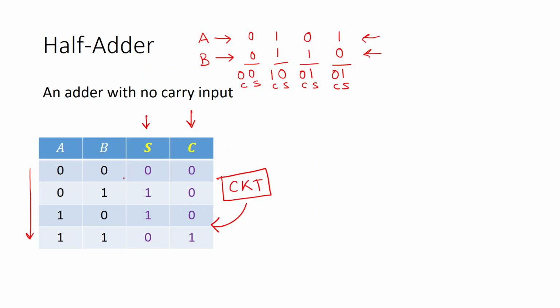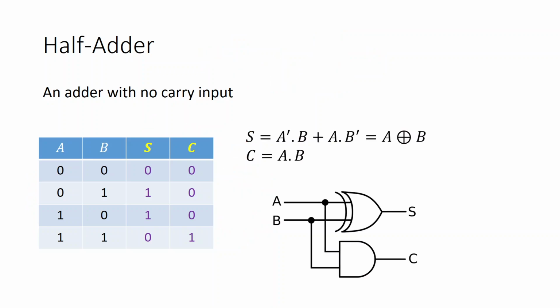So the inputs are the bits, right? So A and B you supply to this circuit, and this circuit will give you out the sum and the carry bit. So let us see what that circuit would be. To do that, we simply note down the min term expressions, that's all. So S, what are the min terms? The min terms are A dashed B and A B dashed.